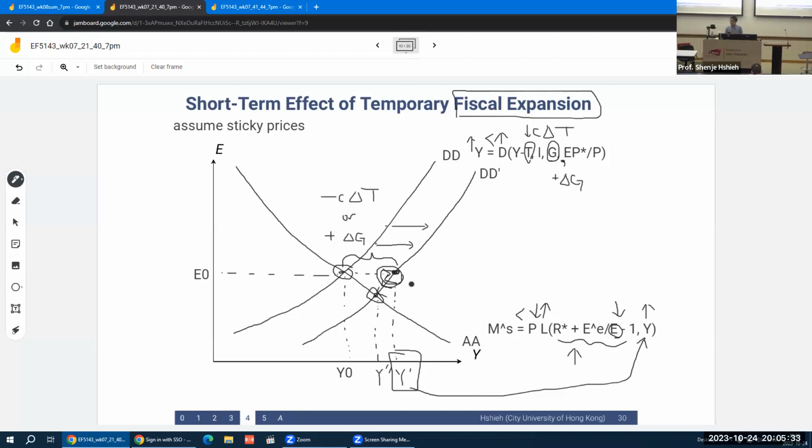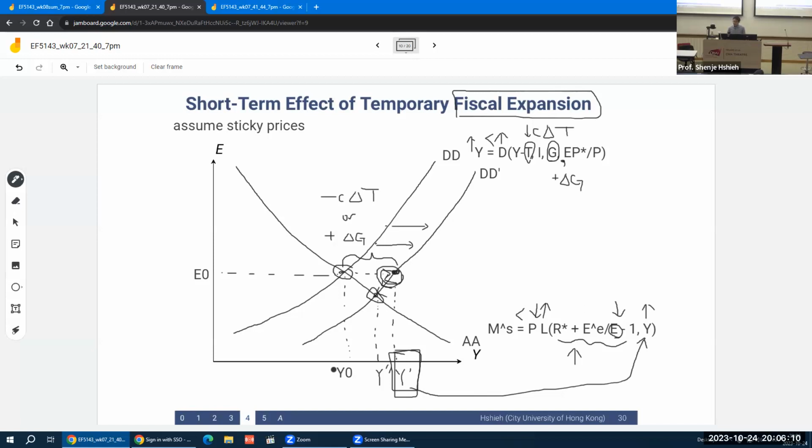So one possible way to potentially hit this potential is perhaps to change the AA schedule somehow, right? That's something you'll talk about next week, right? If we have some way to change the AA schedule, perhaps upward, then we can actually hit this Y prime value somehow. And this is basically the toolkit that countries decide to peg their currencies to a fixed currency, such as Hong Kong.